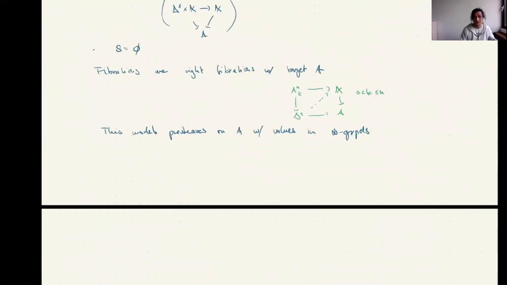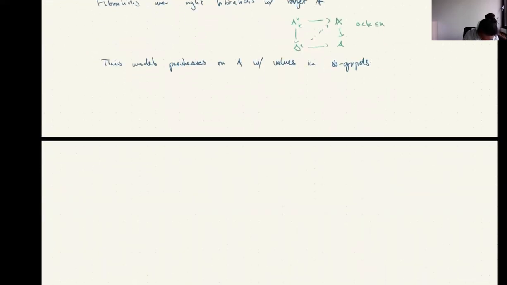Right, and then finally, you can also do the following example. Now you take marked simplicial sets. So let me remind you what a marked simplicial set is, unless there's any objections.